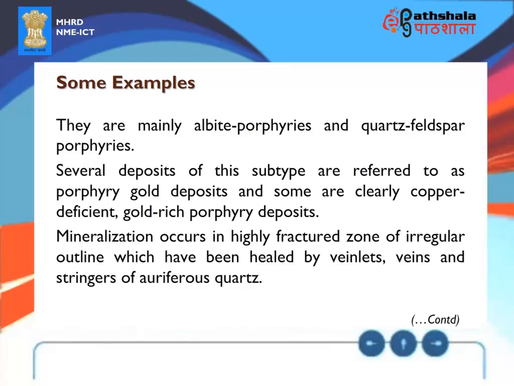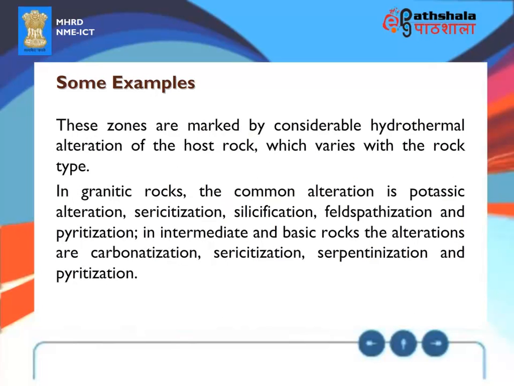Several deposits of this subtype are referred to as porphyry gold deposits, and some are clearly copper-deficient, gold-rich porphyry deposits. Mineralization occurs in highly fractured zones of irregular outline, which have been healed by veinlets, veins and stringers of auriferous quartz. These zones are marked by considerable hydrothermal alteration of the host rock, which varies with the rock type.